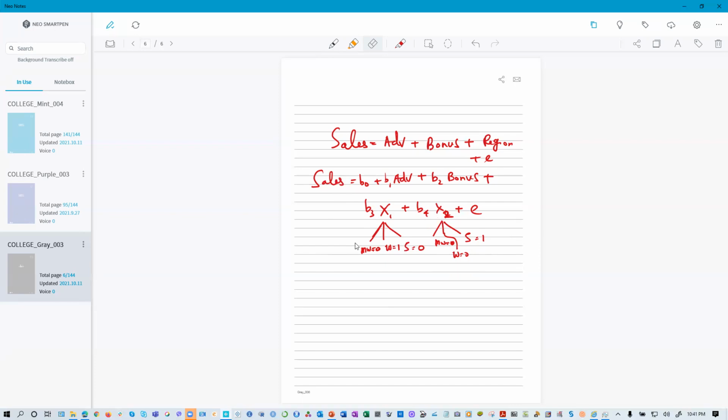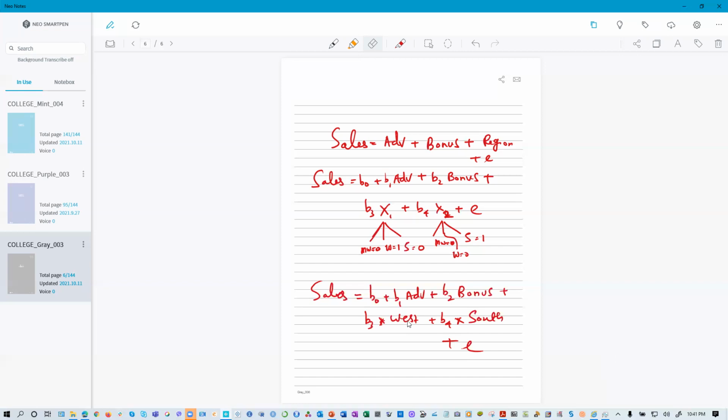This is the same thing as if I take this out and say, sales = B0 + B1 advertising + B2 bonus + B3 West + B4 South. That's the same thing.